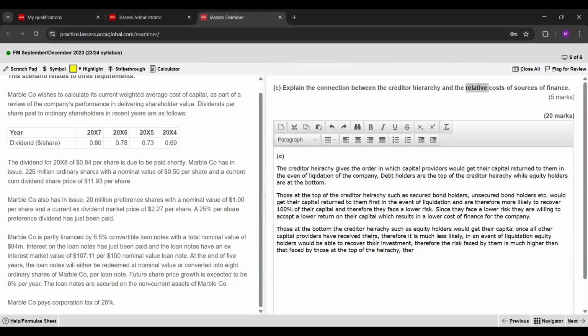Therefore, they will expect a higher return due to the higher risk they are facing, leading to a higher cost of returns.